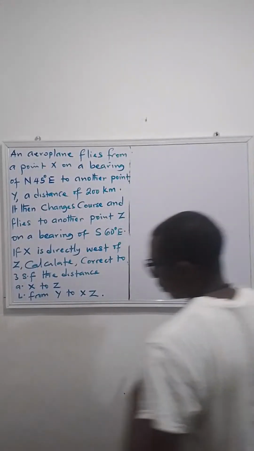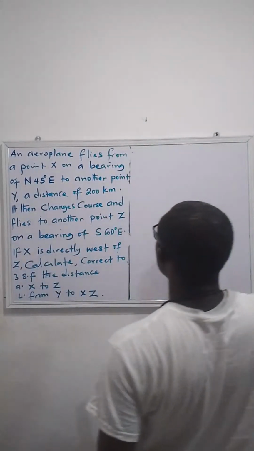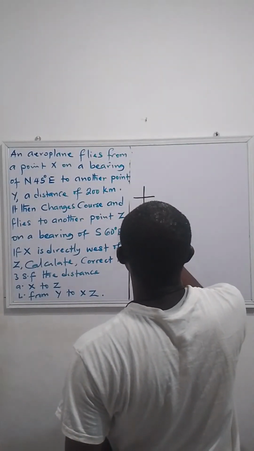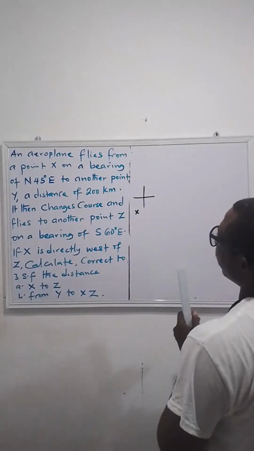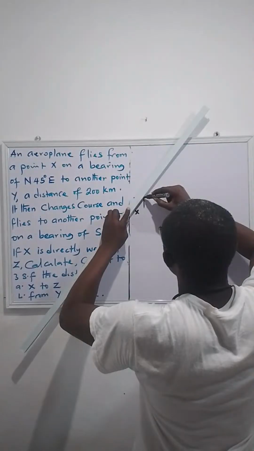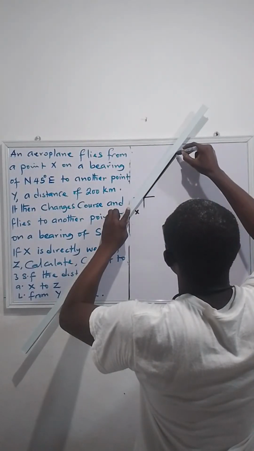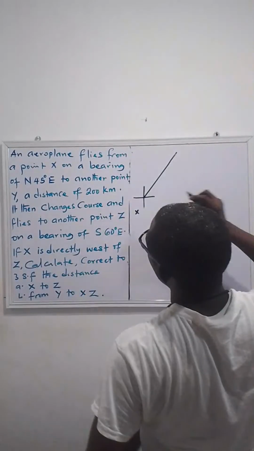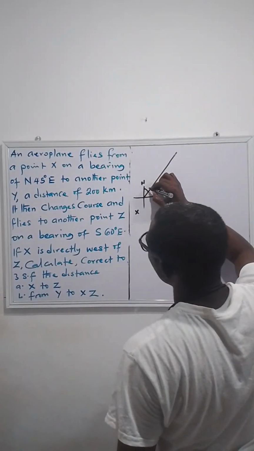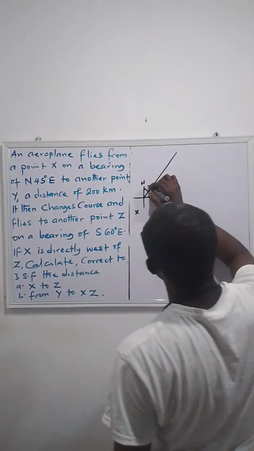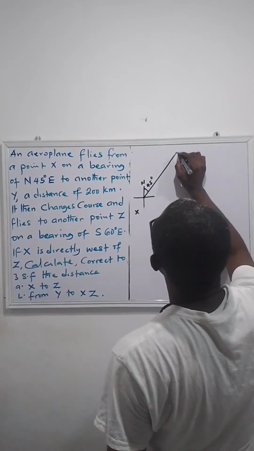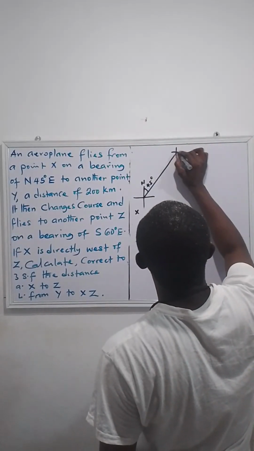Okay, so now I'm starting with this. This is point X. The aeroplane flies for north 45 degrees, so it is the angle made with the north, to another point.